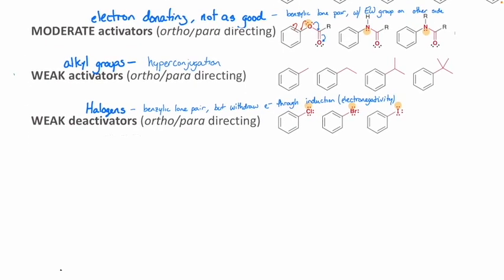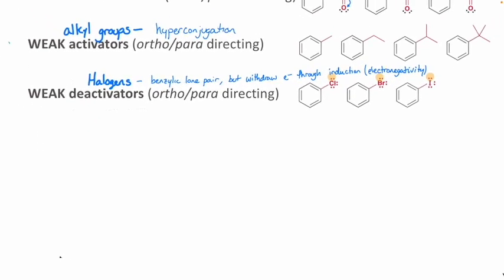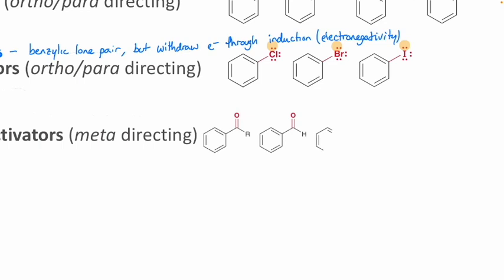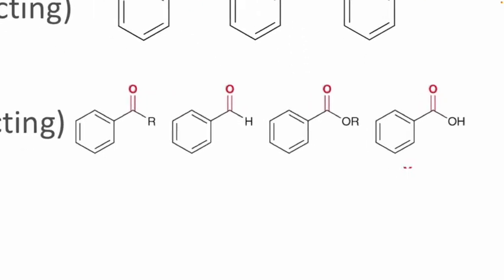Okay, so now we're going to get into our electron withdrawing groups. All right, our moderate deactivators, which are now meta-directing groups because they withdraw electrons. Let's see what all these have in common. What is bound to that ring?